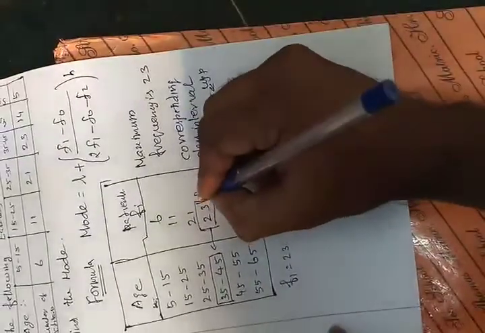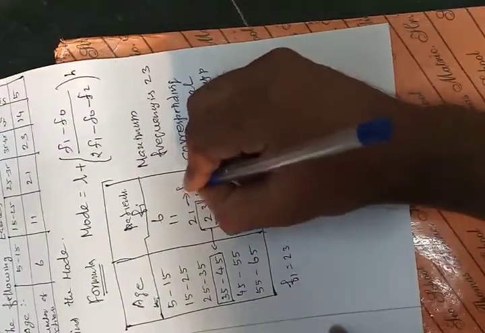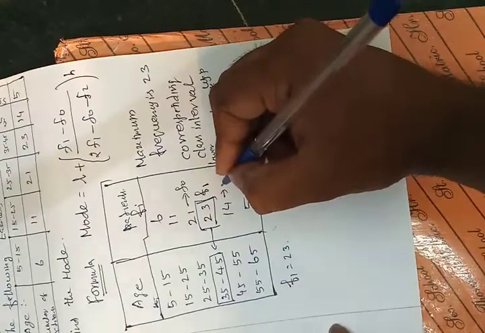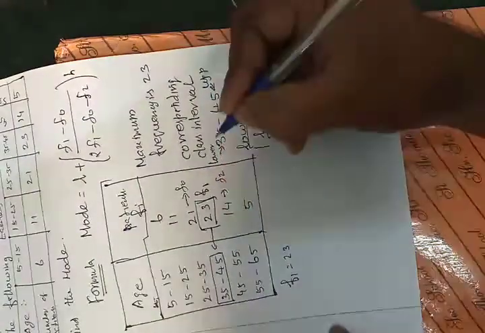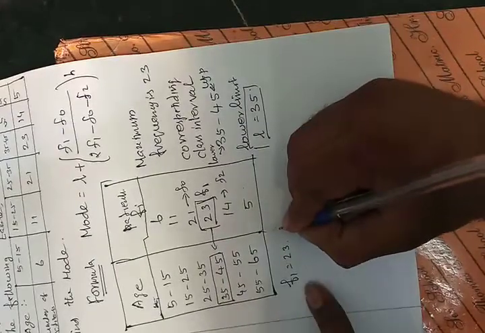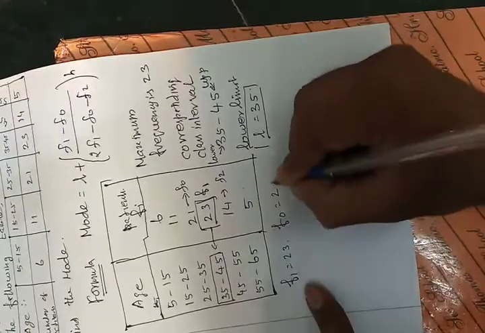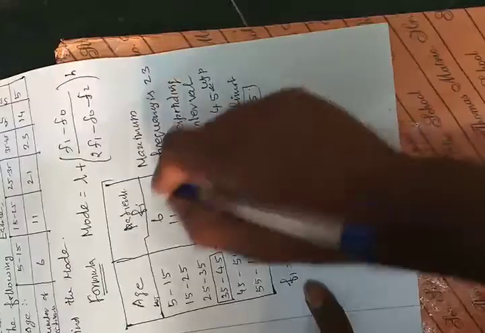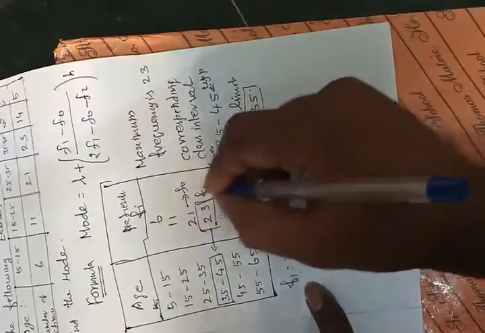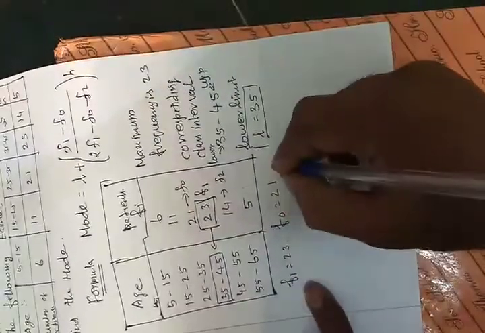Then f naught means the one before, this is f naught, and this is f2. So f1 is equal to 23, and f naught, the frequency previous to f1, is equal to 21.